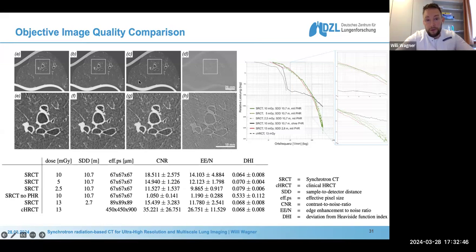The size of our field of view can be seen in the upper row here, and the Z stack is very few, so a few millimeters only. Of course, you can stack them, but each and every stack will double your radiation dose. If you increase the energy, I believe we will have an increase in radiation dose, but probably not proportional.